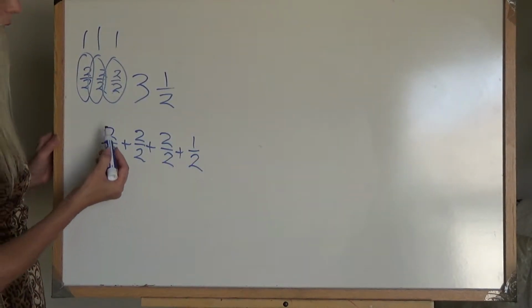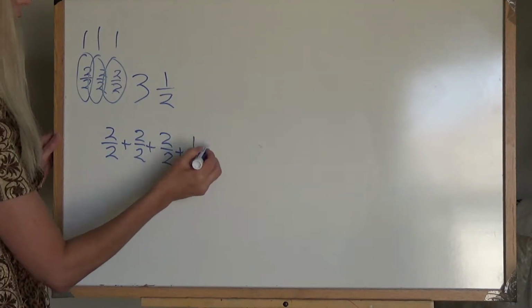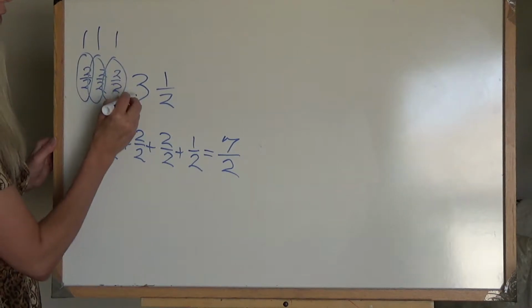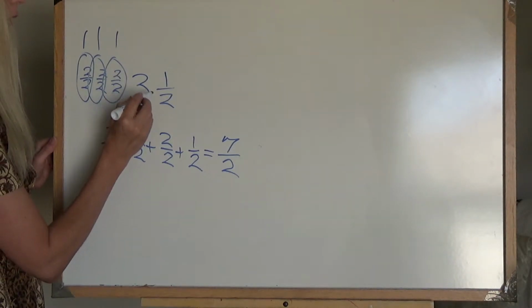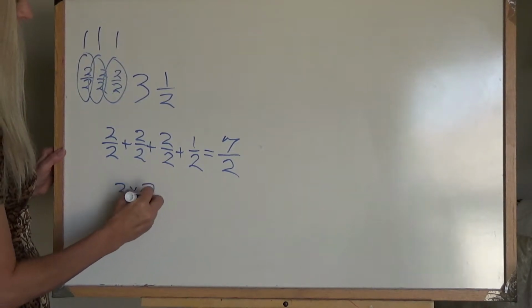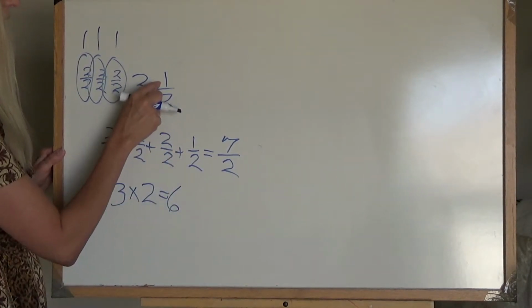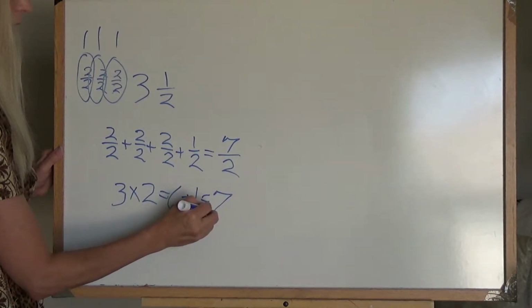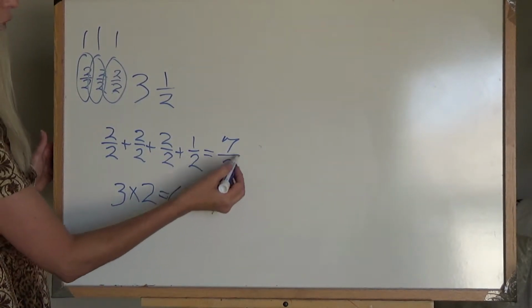Well, let's see. 2, 4, 6, 7. That's 7. That's what we got. Okay? You're just multiplying the whole number times the denominator and adding it to whatever you have on the numerator. And then your answer ends up being over 2.